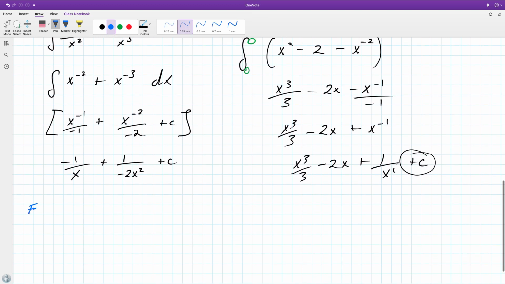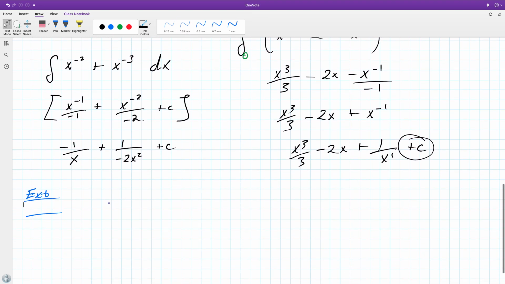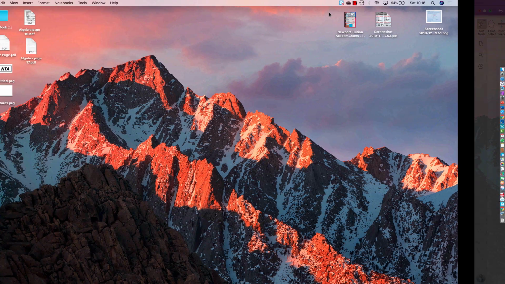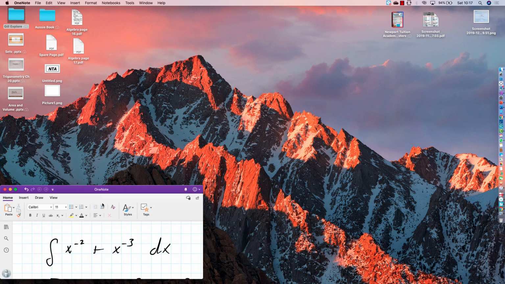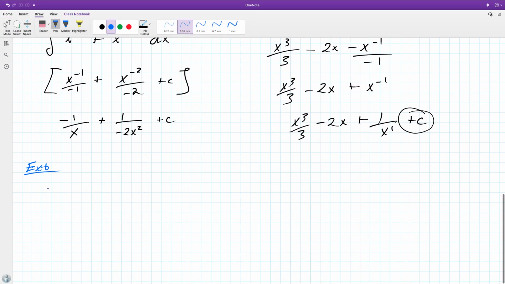Example number 6. So, definite integrals. I want you to integrate for me between 2 and minus 2, x squared plus 4x dx.